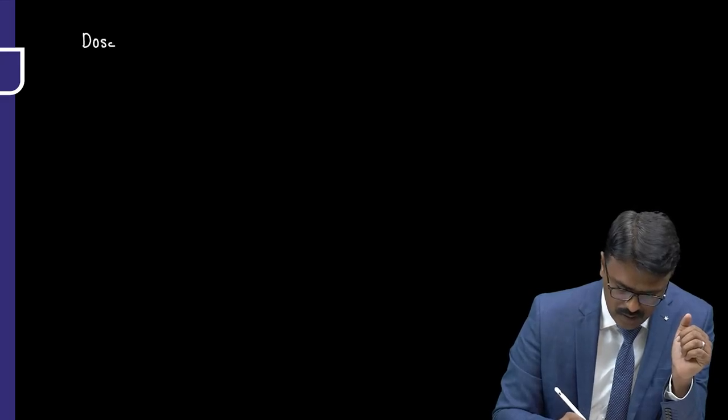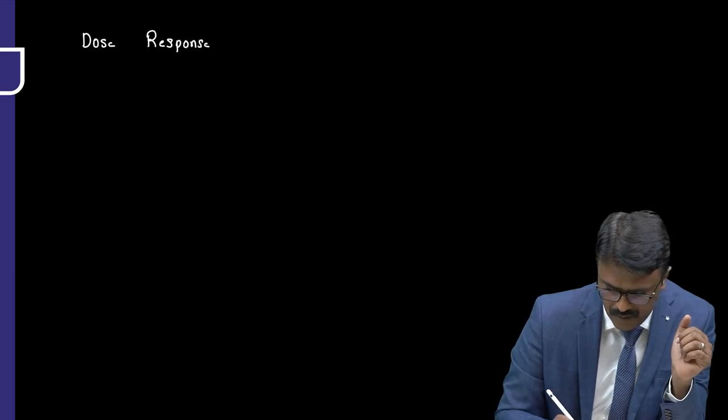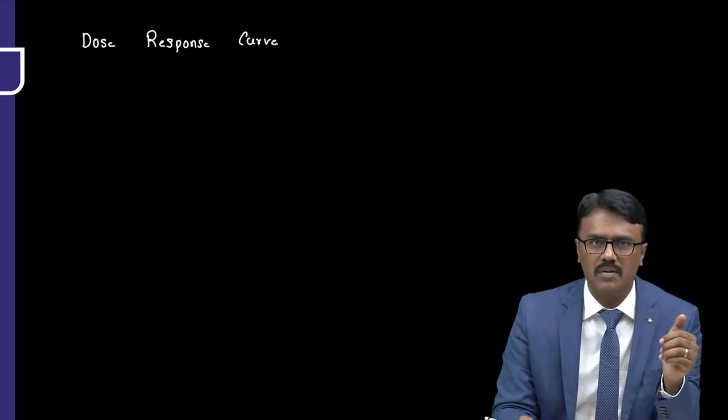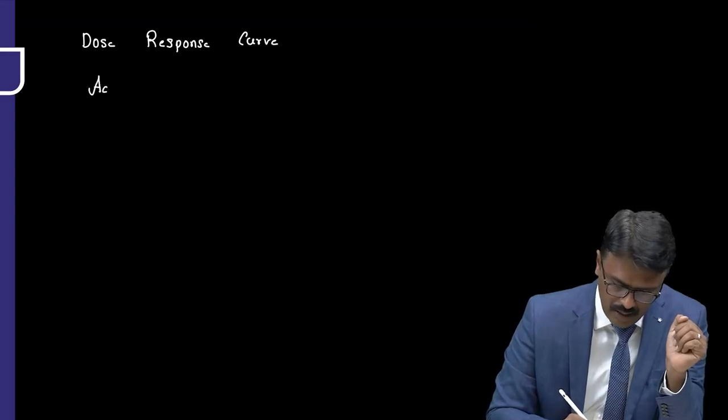So once you understand agonist, partial agonist, antagonist and inverse agonist, let us understand one more concept, and that is called the dose response curve. What do you mean by that? I'll take the example of a drug called adrenaline.